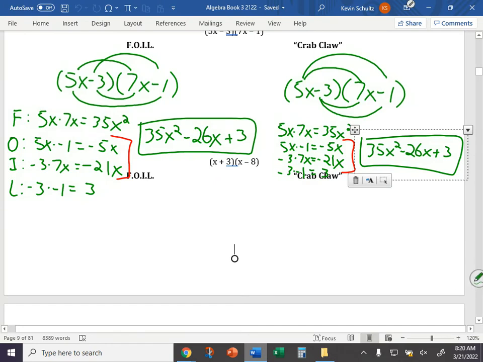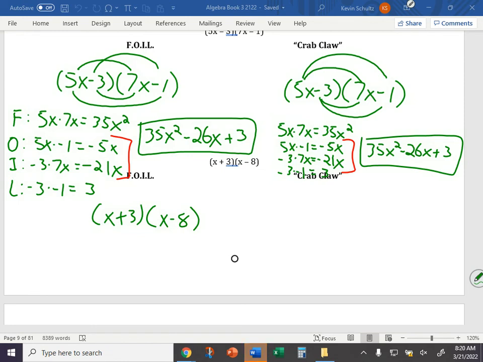Okay, let's take a look at what answers you got here, not showing all of the work in detail as in the other ones. x plus 3 times x minus 8. Old Man FOIL, we get x squared from the first terms, negative 8x from the outside terms, 3x from the inside terms, and negative 24 from the last terms.